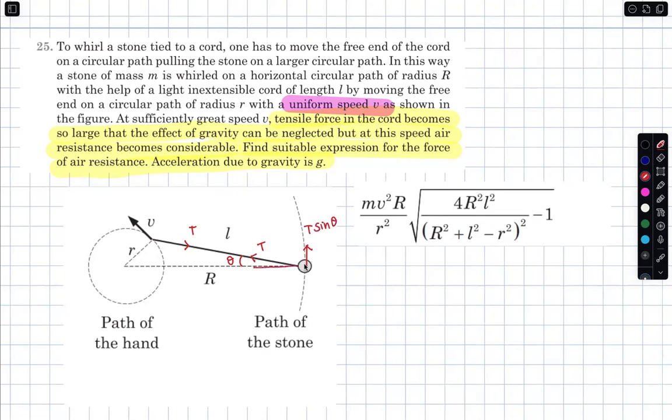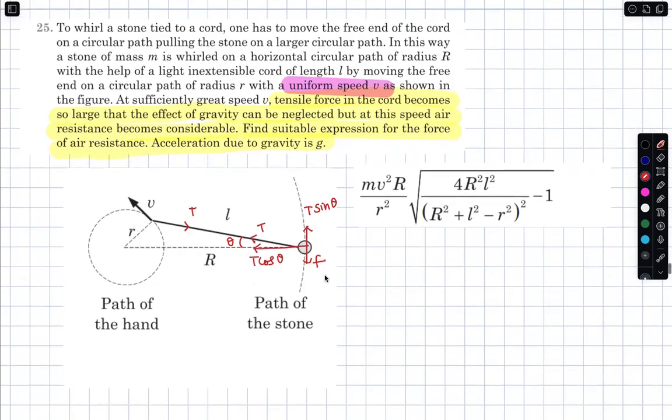The other is T cos theta. Remember, even though there is a T sin theta, still it is moving with constant speed, which means this component is balancing the friction of air. That component is balancing the friction of air.